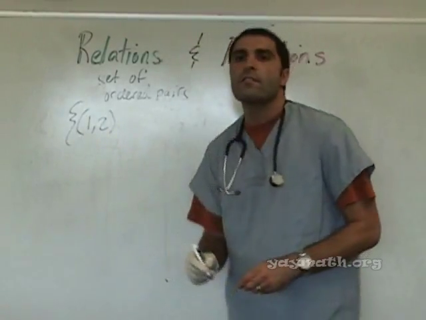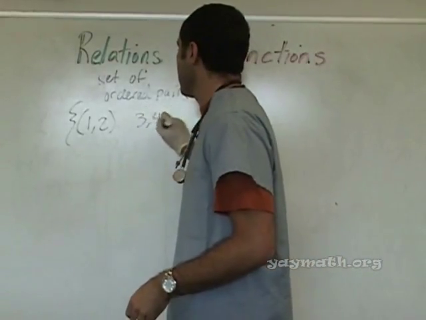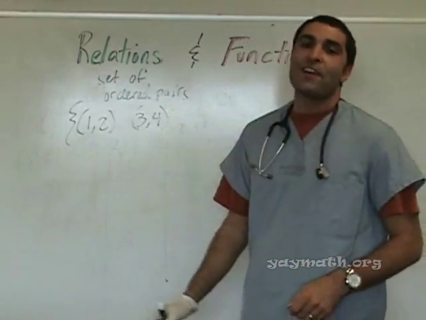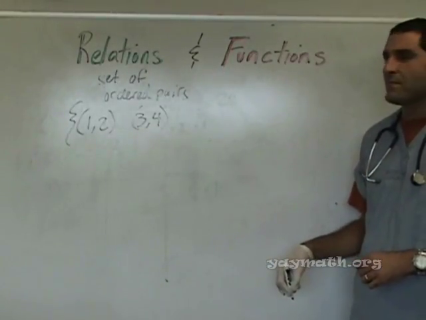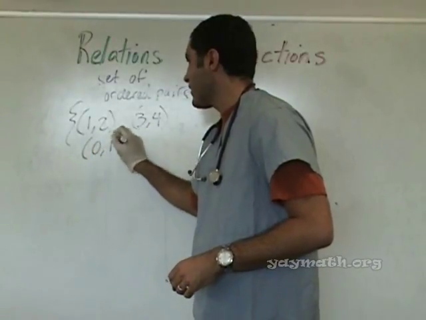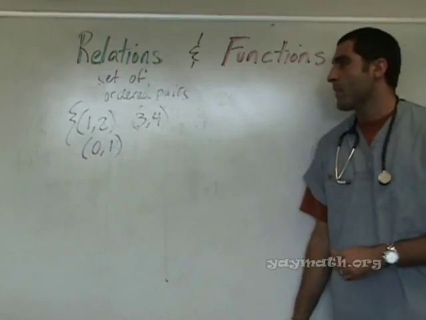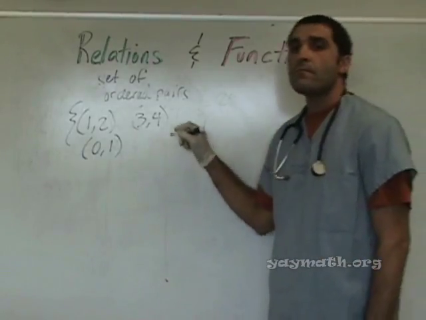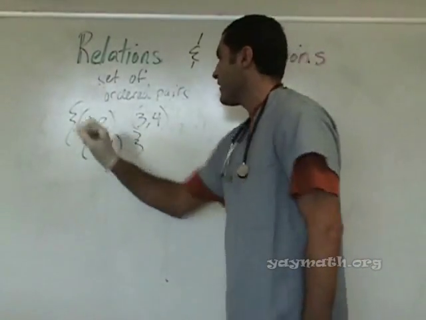You give me another ordered pair? 3, 4, why not? 17 and 31, kind of harder to graph. 0, 1. It can be any two numbers in the world. Let's talk about now what domain and range mean.